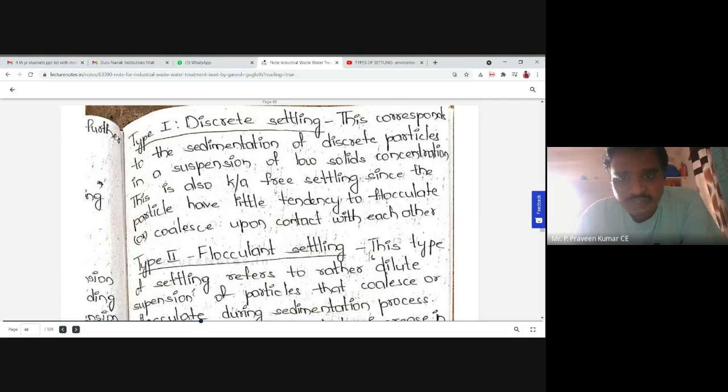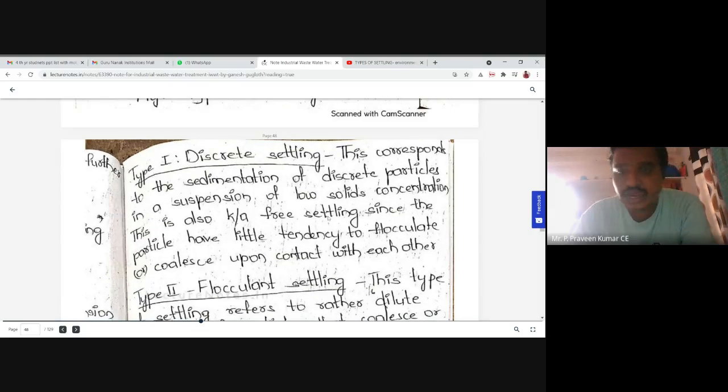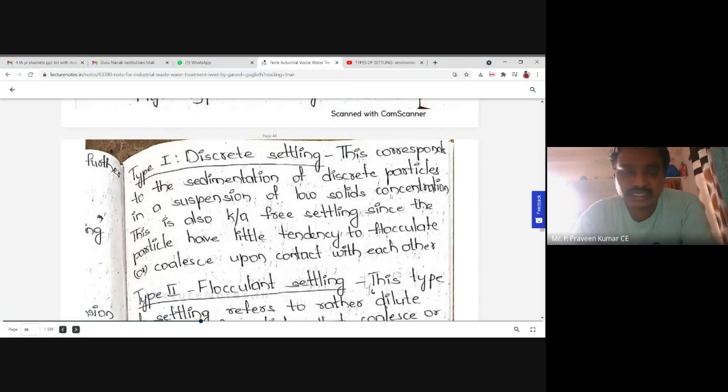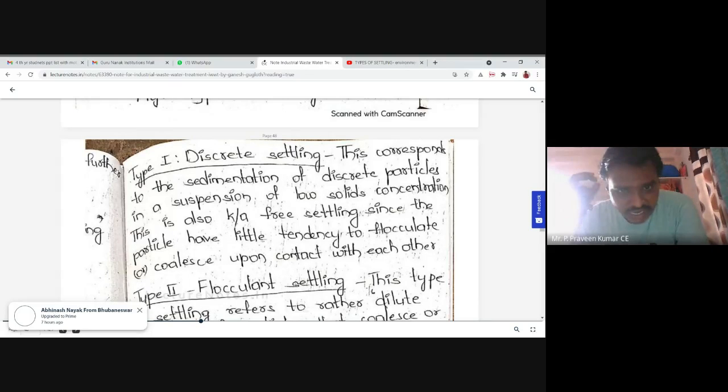This is also known as free settling, since the particles have little tendency to flocculate or coalesce upon contact with each other. They may have some tendency to form flocs, but due to the low solid concentration they do not concentrate with other particles. So they settle individually at the bottom of the tank.